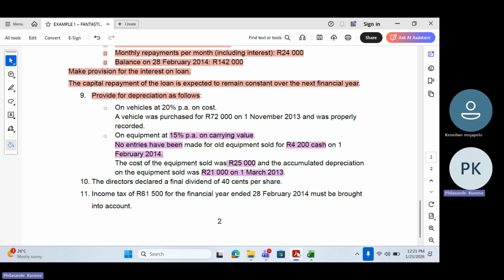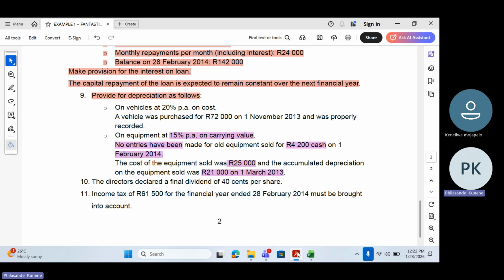Do you know asset disposal? Yeah, there is an account called asset disposal. You always have to do that T account whenever there is an asset that was disposed. It's very important that you do that. I'm going to do it with you so that you can see how we do it. It is going to save you a lot when you're doing these workings.